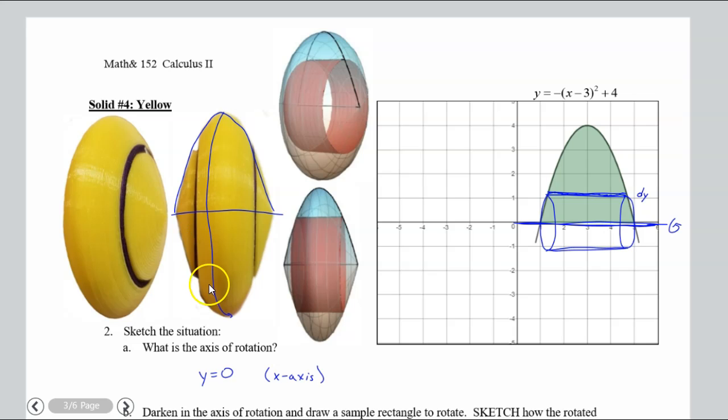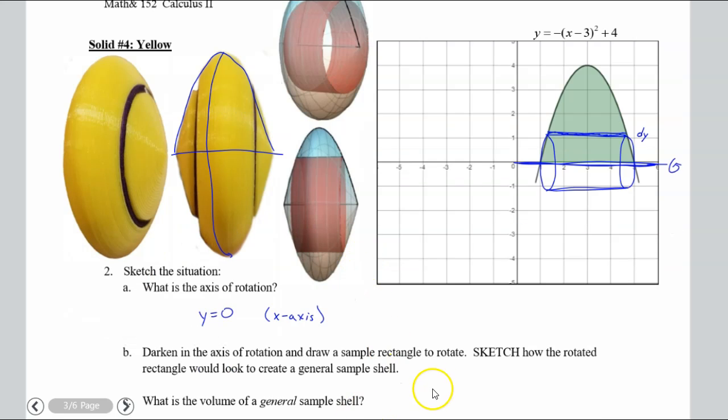Just like before, right? So this is the volume of the general sample shell that we want to find, and we talked about this in the last video, but basically if you unwrap this you get the circumference, 2 pi r, where r is that radius from the axis of rotation to this rectangle.